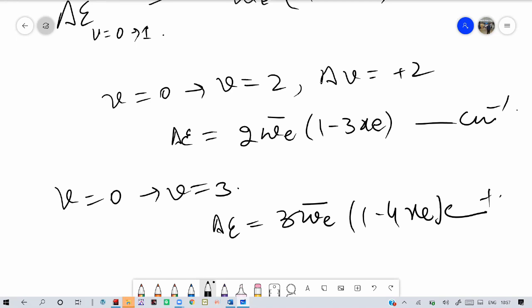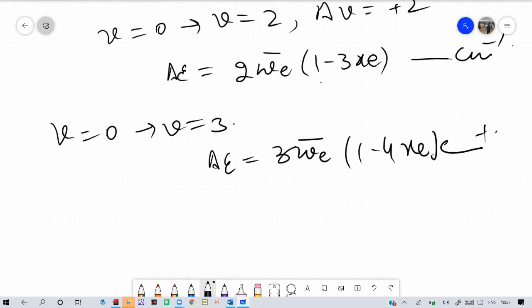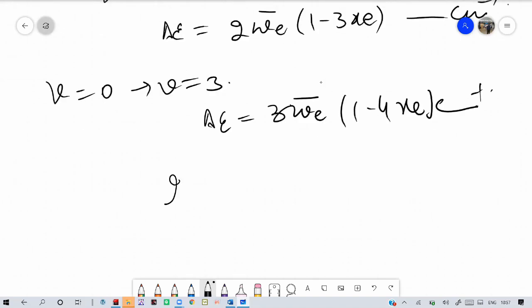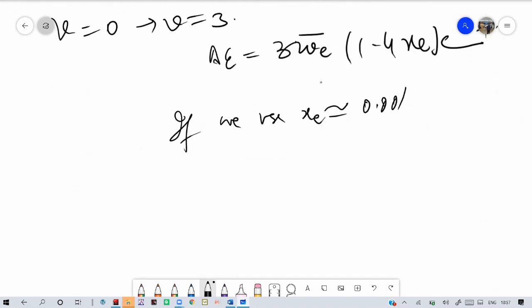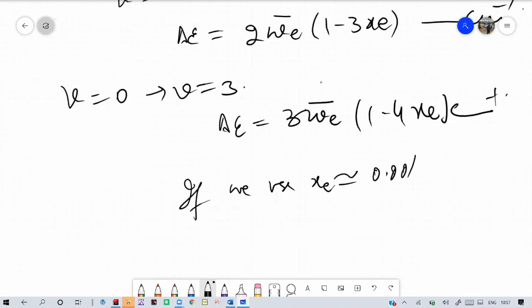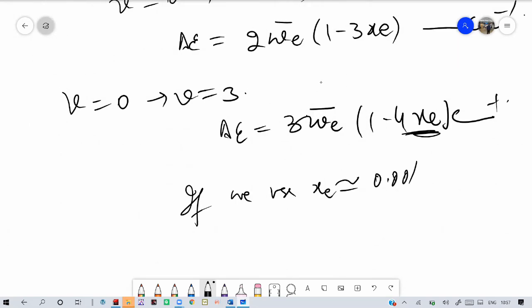And to the approximation, if we use xe equal to 0.001, the anharmonicity constant is 0.001, you will find that these spectral lines, because we almost ignore it, since it is 0.001, that means this term is approximately equal to 0.